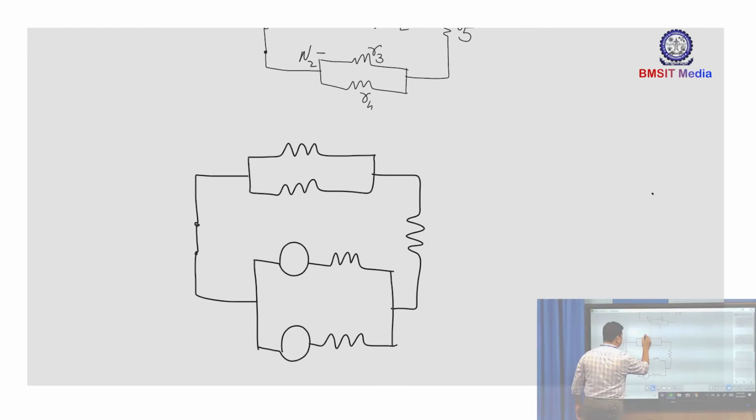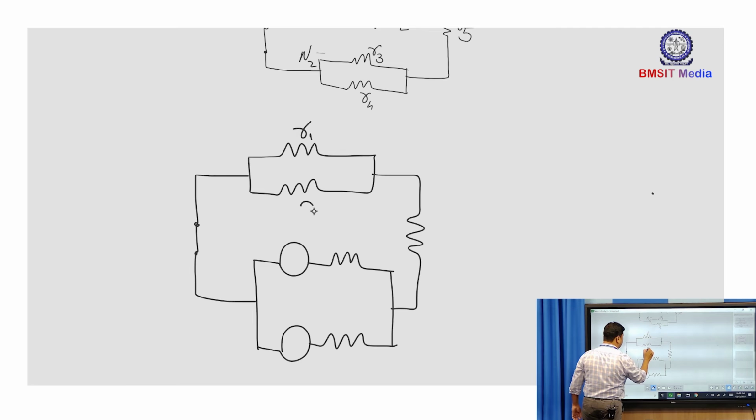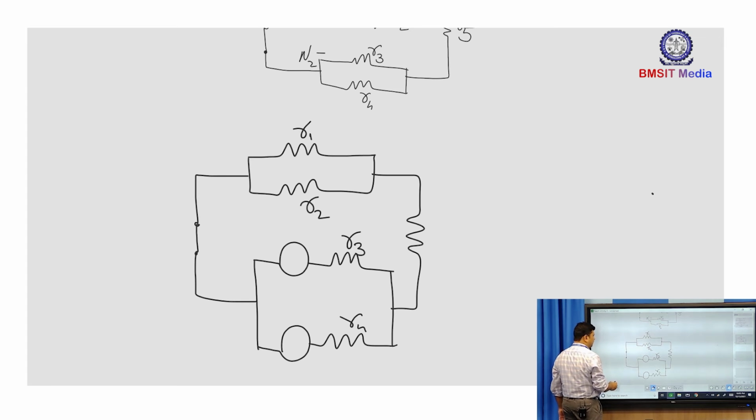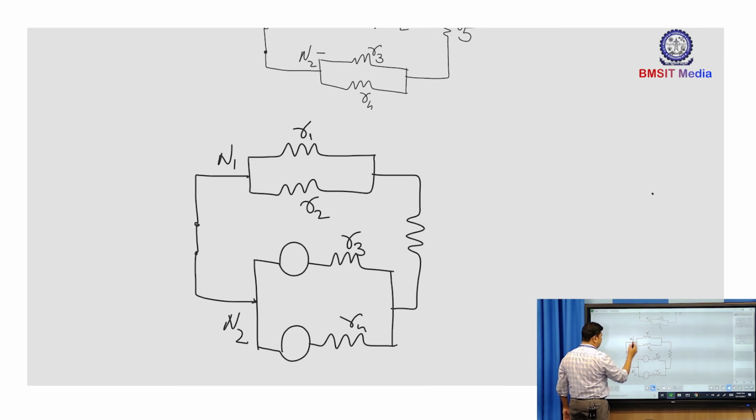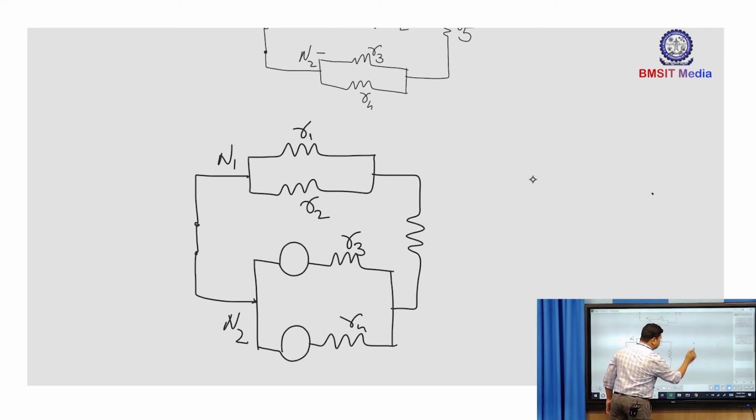So let these be R1, R2, R3 and R4. Now this is the voltage source shifted beyond node N2. This is N1.